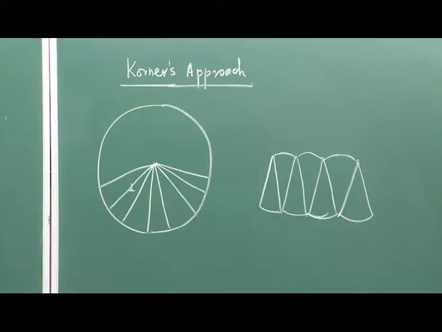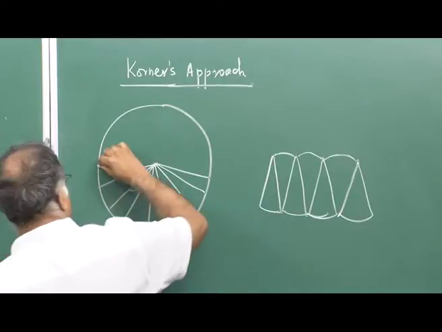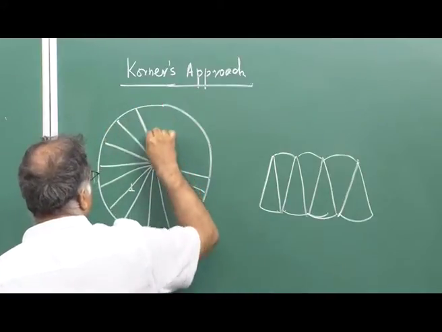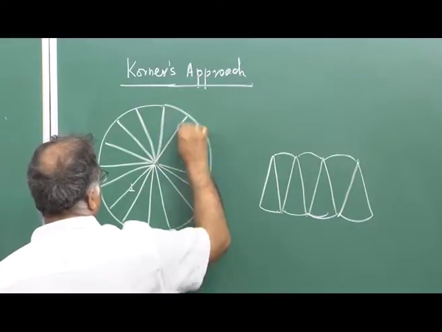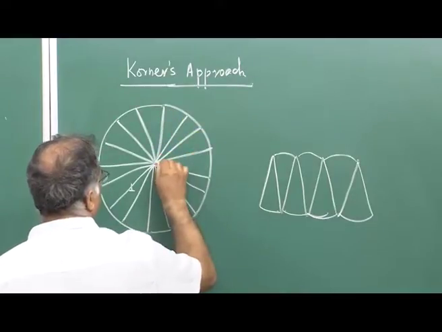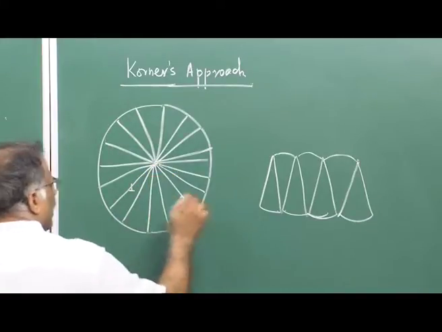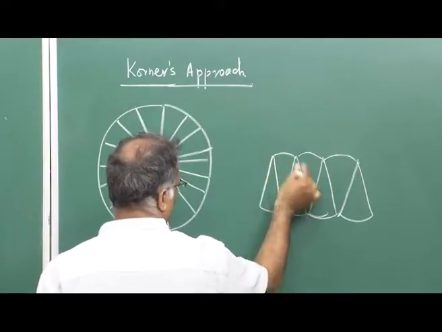Okay. So there are all these slices here. Now, how do I use an approximate idea? See, if these slices are very small, that is okay.